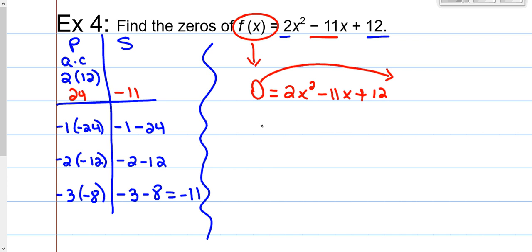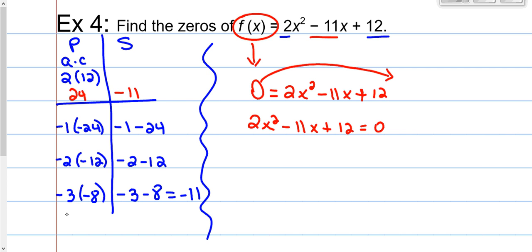We're going to flip-flop here. So 2x squared minus 11x plus 12 equals 0. Certain teachers will have you flip-flop that, certain teachers don't care. It really doesn't make a huge difference. It's just a little bit easier to deal with. And we're all about trying to make things easier here.